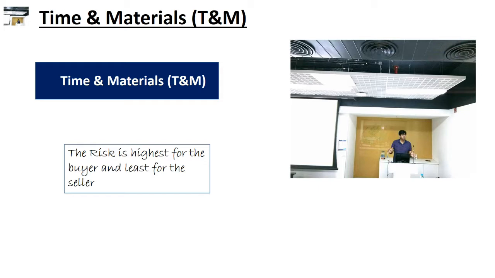These contracts can be used for staff augmentation and acquisition of outside support when a precise statement of work is not available. Now, just like a cost reimbursable contract, in a time and material contract also the risk is highest for the buyer and least for the seller.